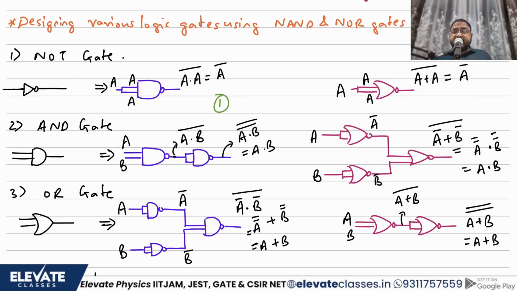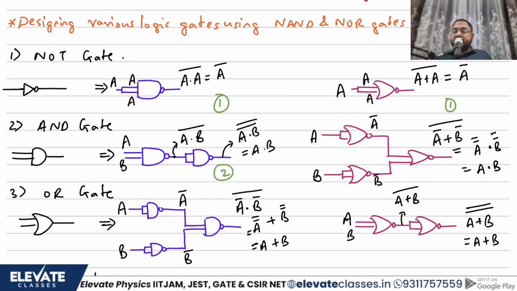Let's look at a couple of things. We have only discussed three gates, right? The NOT gate is the same for both NAND and NOR. Using NAND you just have to short the inputs, and using NOR also you have to short the inputs. So you need one NAND gate and one NOR gate to design a NOT gate. Now look at the AND gate. Two NAND gates are required to design an AND gate.